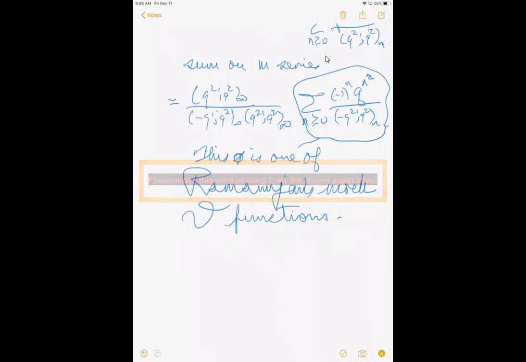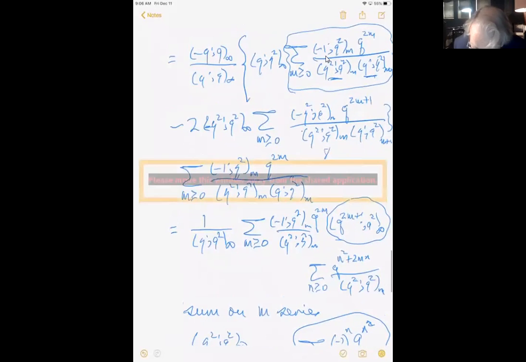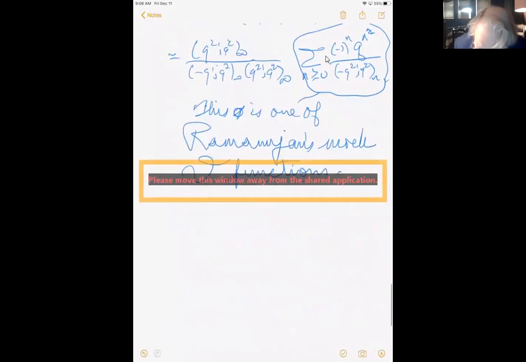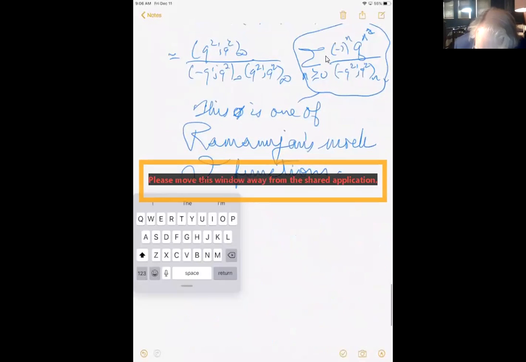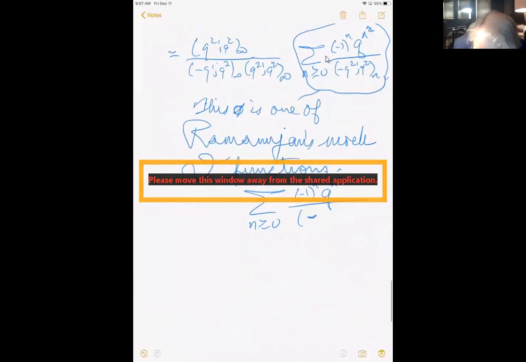The other sum, which I will not have time to go through, will yield, with some infinite products out front, summation n greater than or equal to 0 of (-1)^n q^(n squared) divided by minus q semicolon q squared sub n.